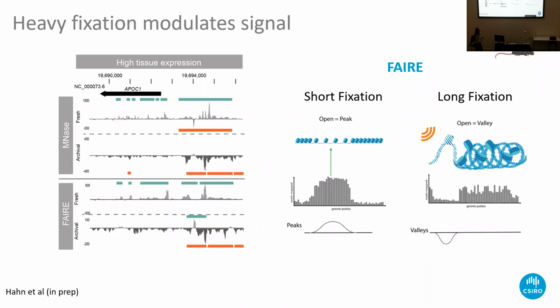So FAIRE, again, you're going to see an open peak when you're using fresh tissues. Under long-term fixation, to get any DNA out of it, you have to be quite vigorous. This involved a heavier sonication protocol in order to release any DNA.